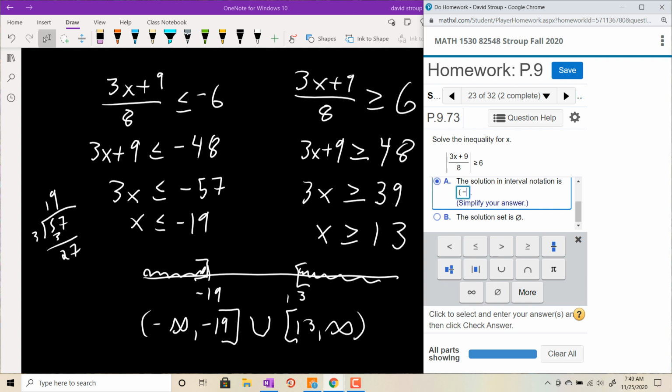So I just write negative and then use a symbol. To negative 19, then use bracket. Oops, wrong kind of bracket. And then use the union symbol, and then bracket. And then 13 to, maybe you have to use backslash and inf.